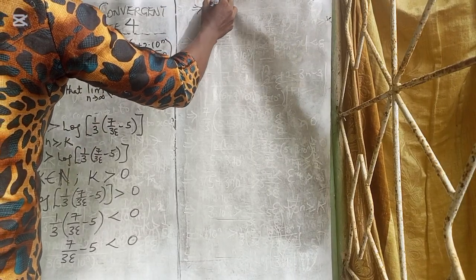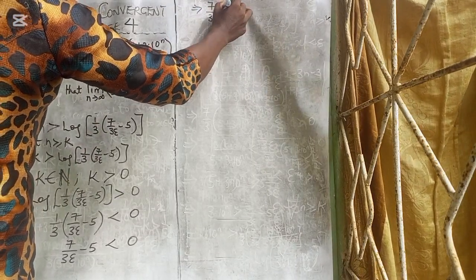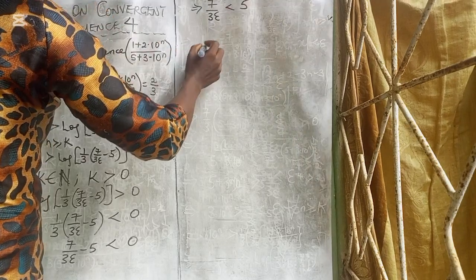We have that 7 over 3 epsilon is less than 5.